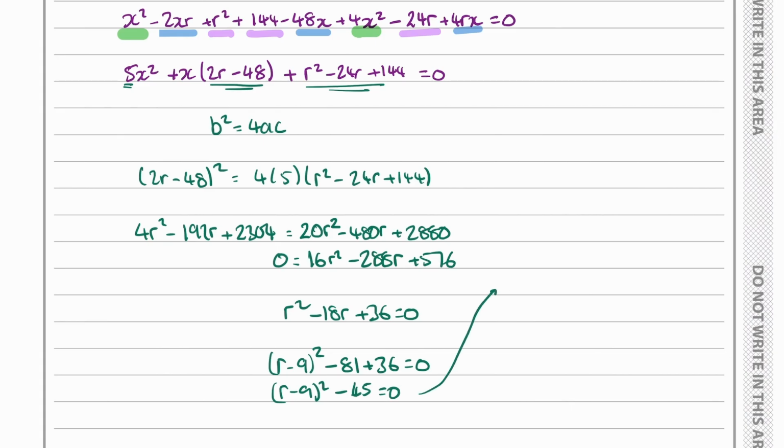We'll move this negative 45 to the right-hand side. We'll take the square root, and when you square root the 45, this is the same as root 9 root 5, or 3 root 5. So r minus 9 will equal plus or minus 3 root 5. Then we'll move this negative 9 over to the right-hand side. So r will equal 9 plus or minus 3 root 5.